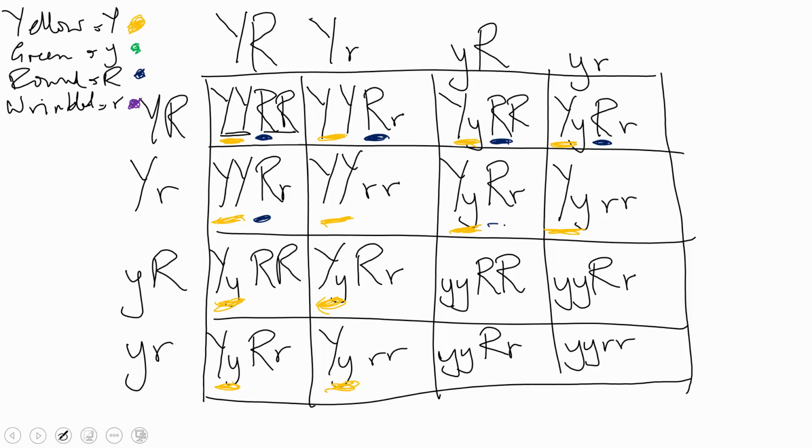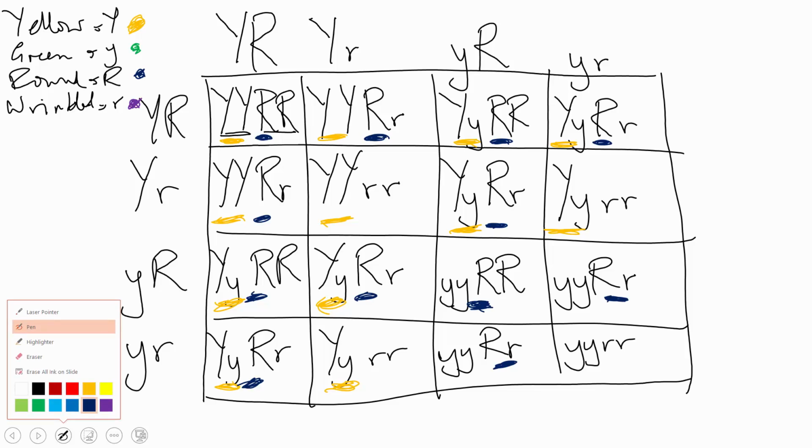Not that one, but this is round. This one is round, although it's not yellow. This one is round, and the last round we see is this one. Kind of cool, yeah?